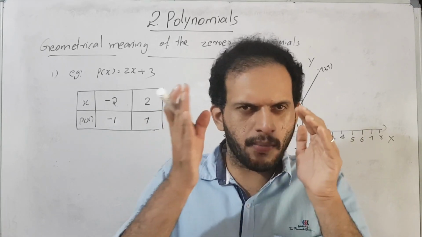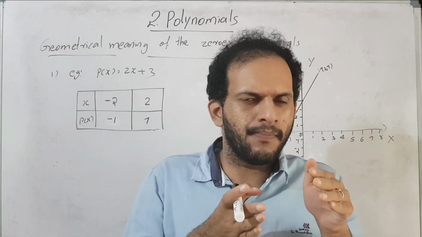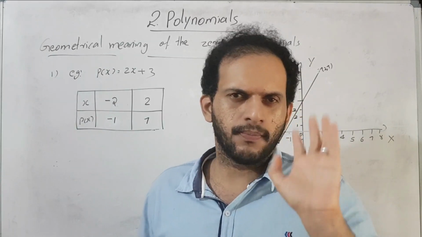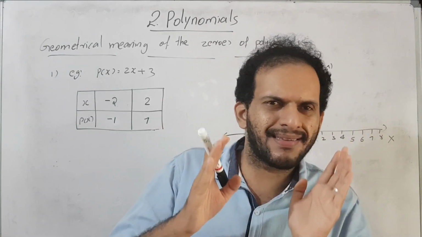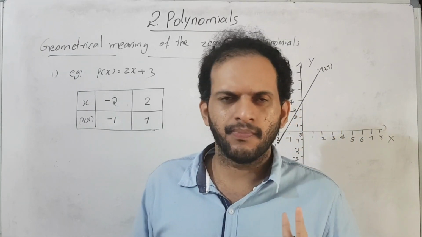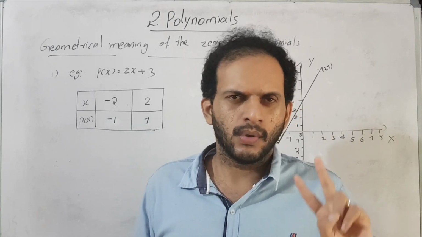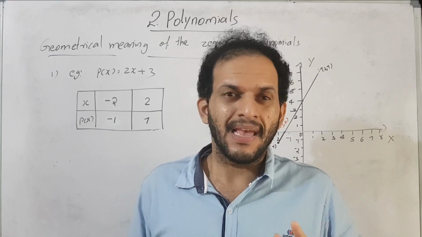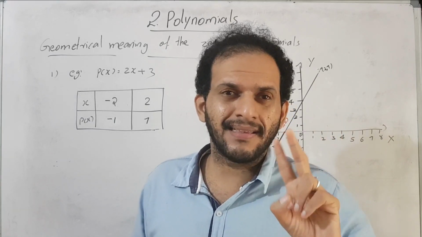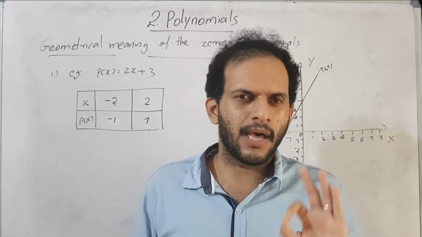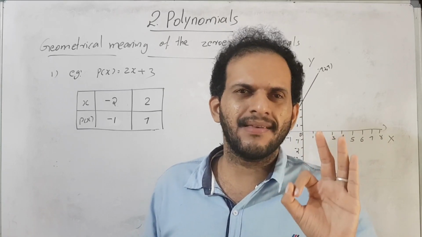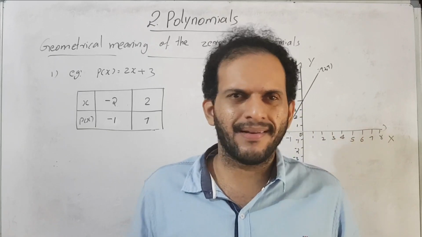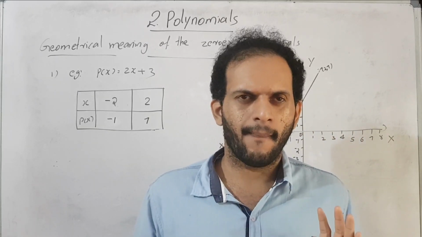If the graph cuts the x-axis one time, how many zeros will that equation have? 1. If the graph intersects the x-axis 2 times, how many zeros? 2. The equation has 2 zeros. Okay. If the graph intersects the x-axis at 3 points, that shows the equation has at least 3 zeros, not exactly 3 zeros.